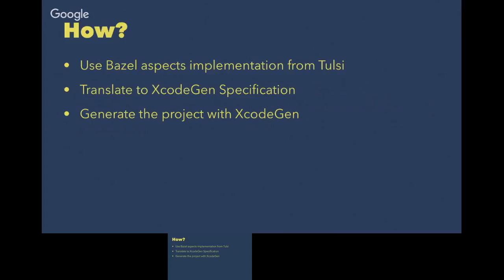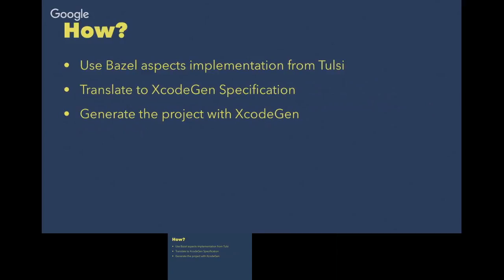Aspects allow you to basically create a shadow build graph. For any build action, you can create a shadow set of actions. In this case, you can use the Aspects API to extract all the build information: all the targets, all of your compiler flags, whatever you need. We load this into a program written in Swift, because we write everything in Swift, except our app.